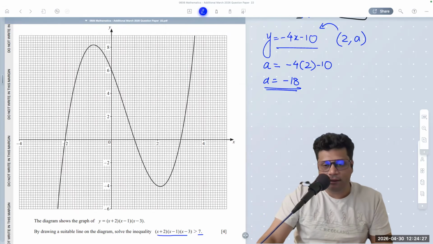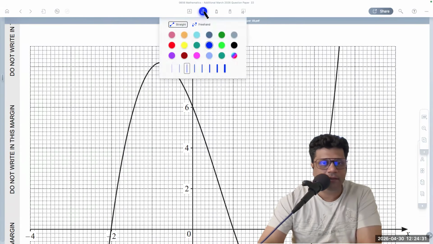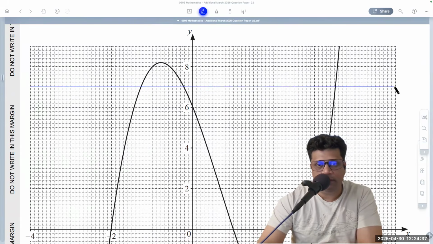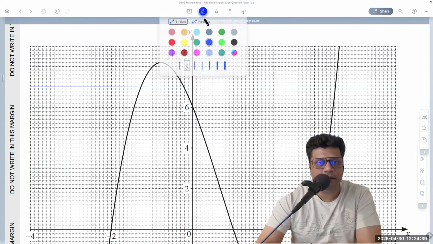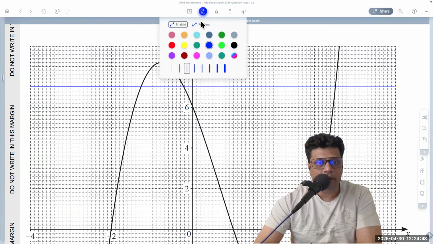Let's see. Yeah, that looks like 7 to me. There, that's the line. Let's go do a thicker one.